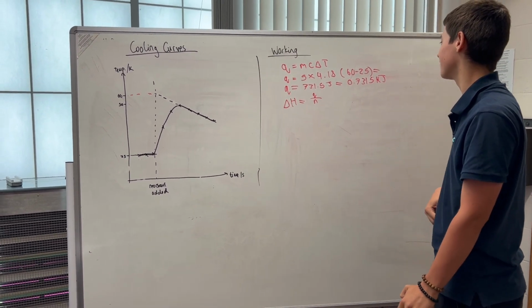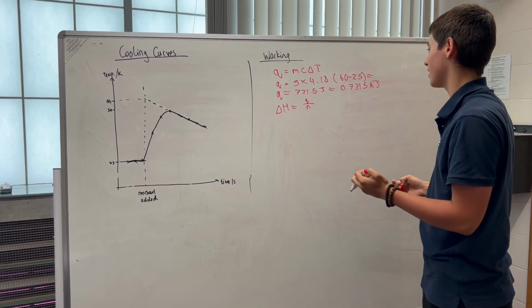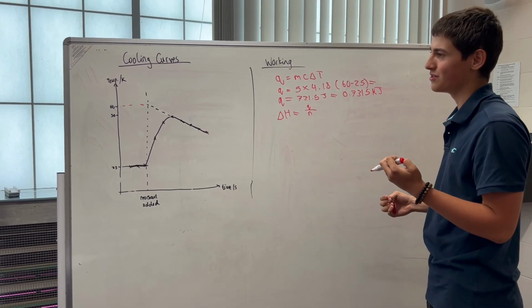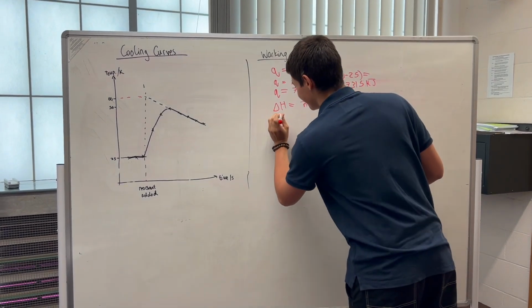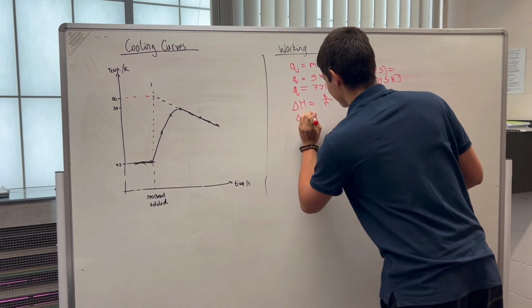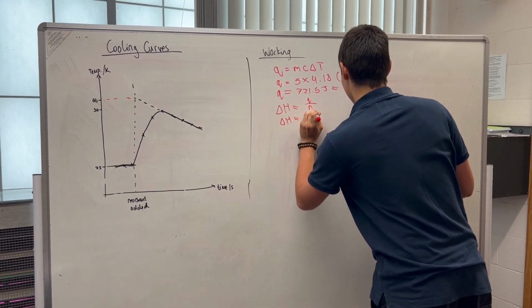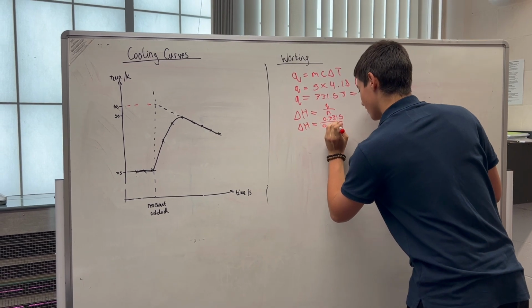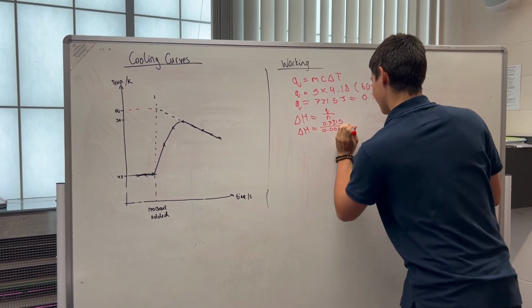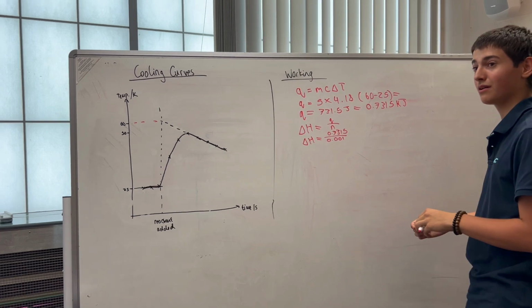Let's say we have 0.001, because that's pretty usual. So we'll have 0.7315 over 0.001.